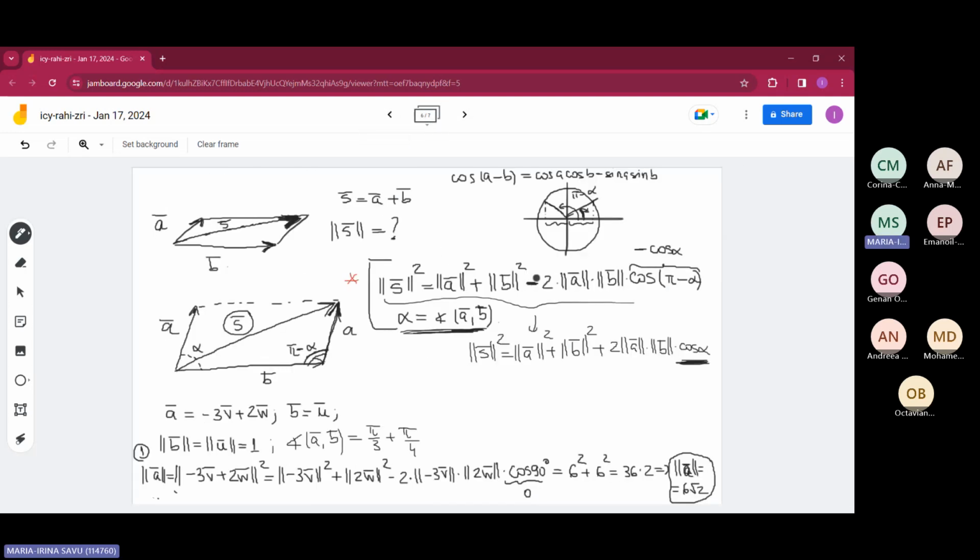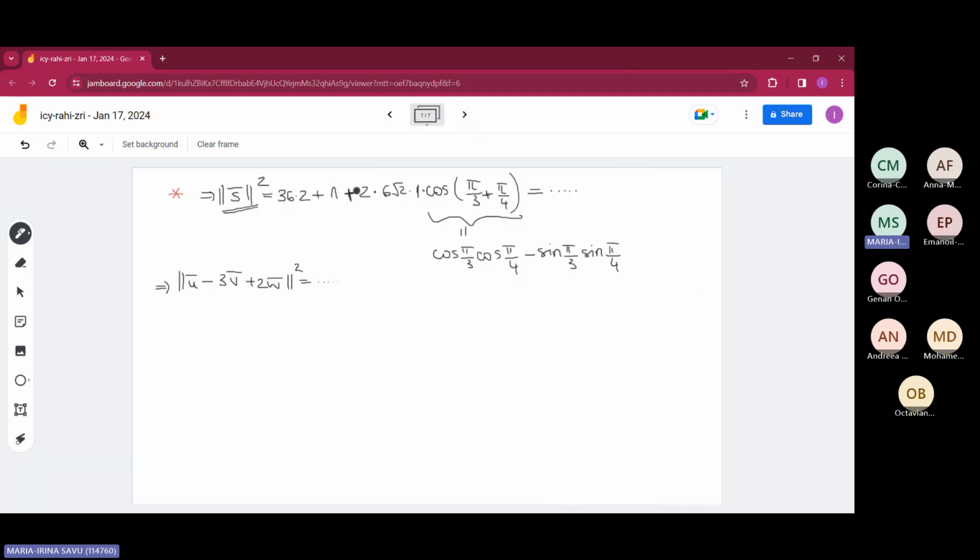I wanted first to apply this one, then I changed my mind, and I thought that it was better to write it in this way, and I forgot to put a plus here. Indeed, I have a plus here. Okay, so I have this expression, but it goes minus here because I have A plus B, which is this. Okay, so I replace this sum, and in the end, I find the square of that something. Okay, so this is the first case.